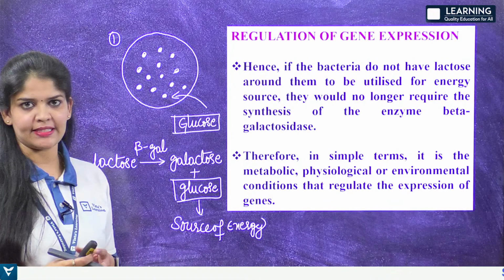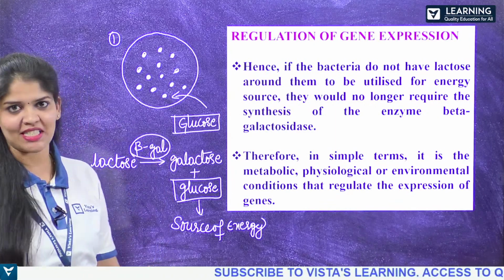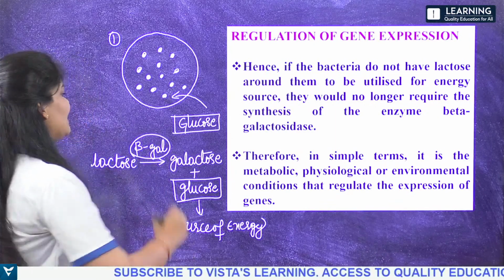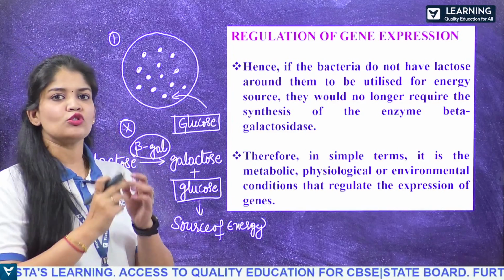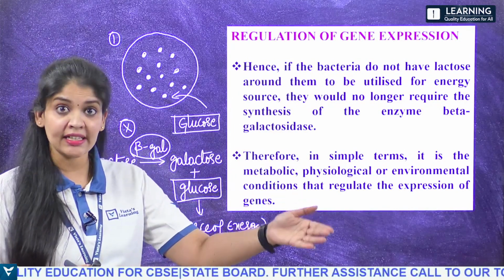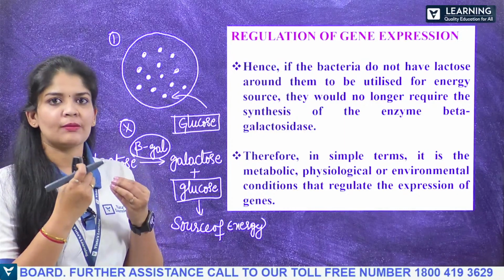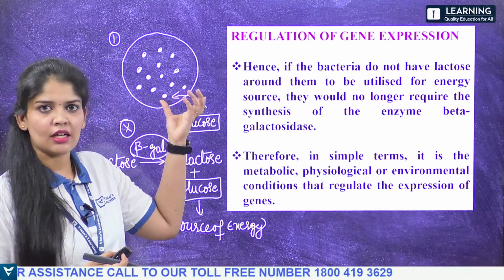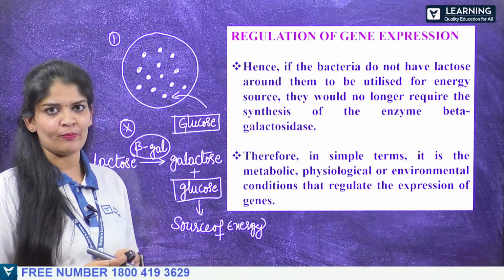Then there is no need for the bacteria to express the gene which codes for beta galactosidase, right? So it has to regulate this gene expression because there is no need for the lactose to be broken down into glucose and galactose, as the petri dish is provided with a medium that already has glucose directly.